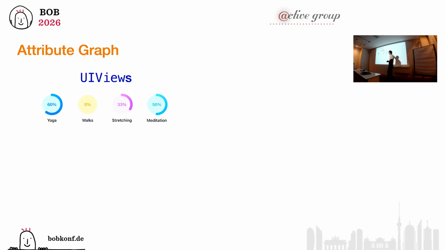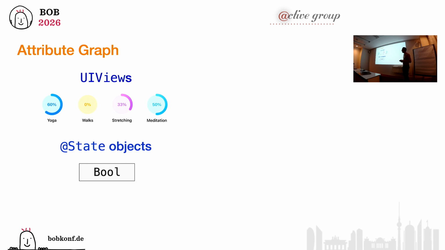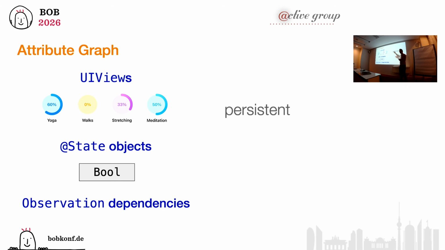So there are the actual views for iOS, which was in our example. These are UIViews. For macOS, it would be NSViews. For something else, it would be something else again. That's the native objects actually representing the view objects on the screen. Then there are state objects, like the bool we had, which toggled the alert being there or not. And then there are observation dependencies, which I'll come to in the next slide. Now, this is the attribute graph.